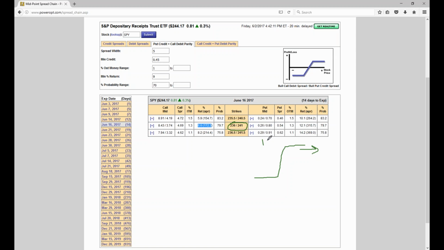I'd pay one spread commission, which might be a commission and a half, to enter the bull put, selling our 241 and buying the 236. We get a credit up front, and then we'd have to put the 2 points on hold in our account, or 2 points minus the net credit, or in this case it's 5 points.